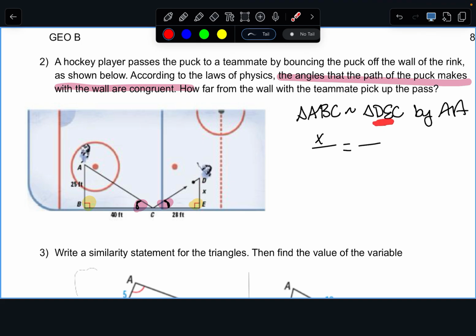So that's the first two spots in our similarity statement. What other two letters are the first two spots over here? AB. So DE corresponds with AB. So I'm going to put x over the 25. We're going to set up that ratio. So that's step one. Find your variable, put it over its corresponding side. So that's your x and your 25.